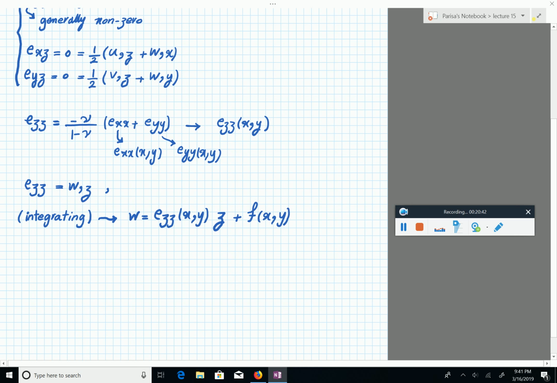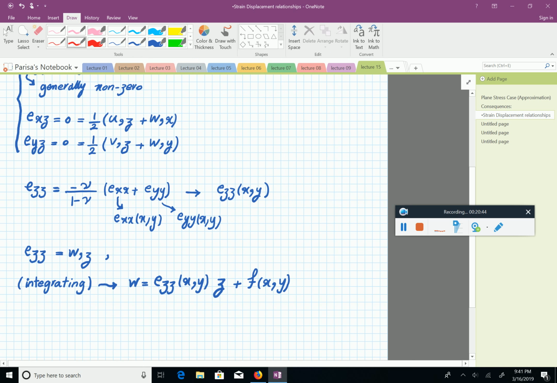Basically this is important. The out of plane component of displacement is a linear function in z, as you can see here.